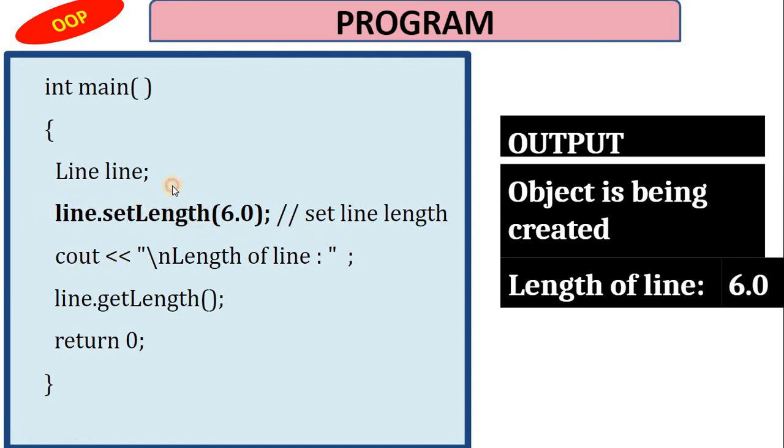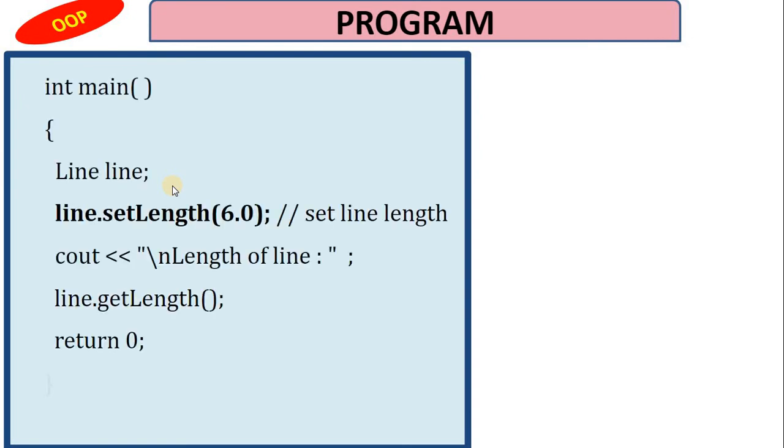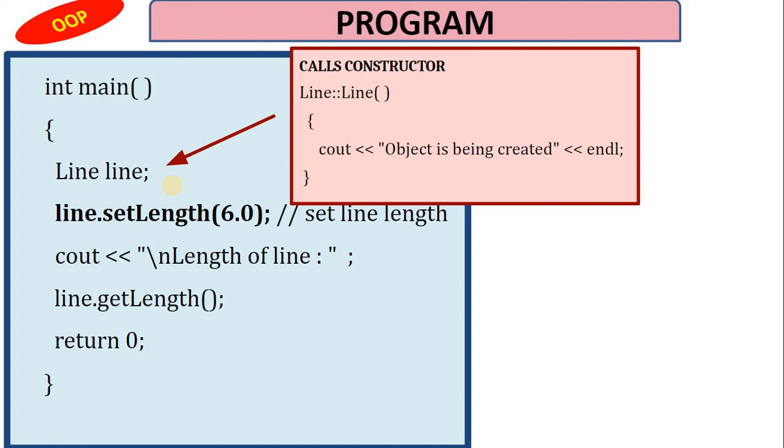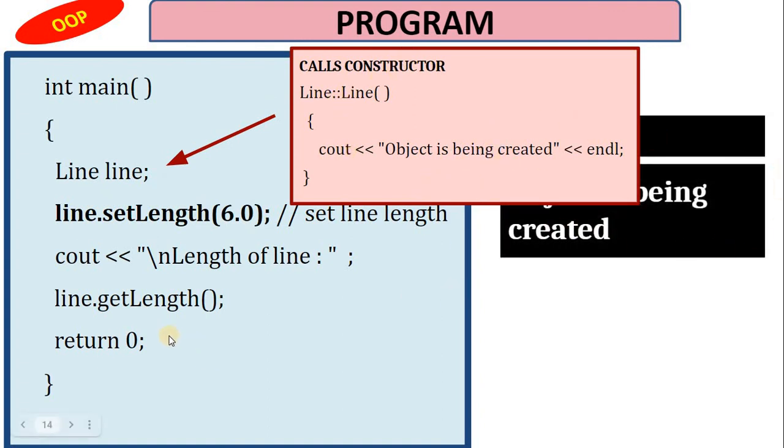When you first create an object, it calls the constructor, that is, object is being created. So you get the output object is being created.